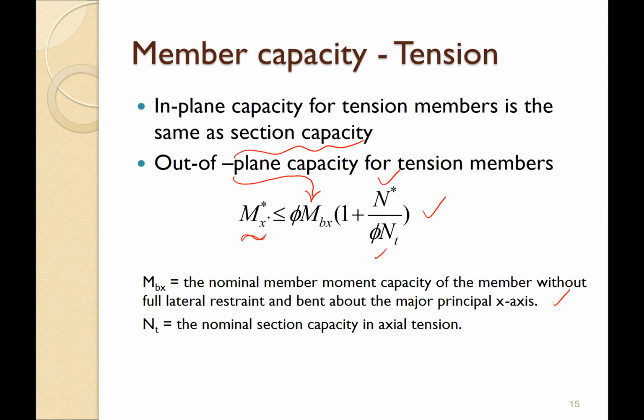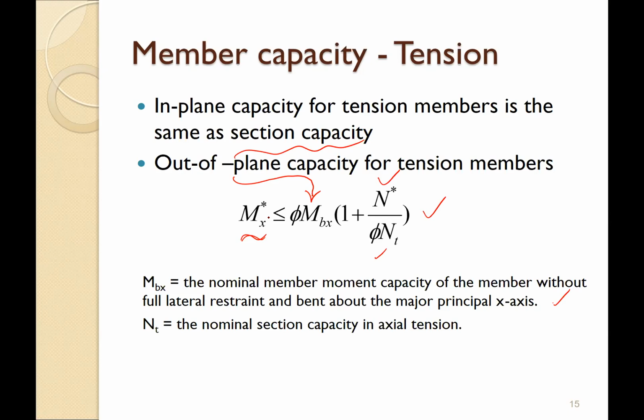What I suggest you do is look at these clauses in parallel, because then you get a feel for it. If we look at section 8, it first starts with the section capacity, and then it looks at the member capacity, which we are looking at now.